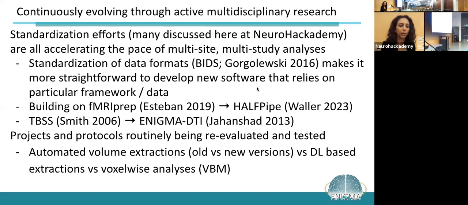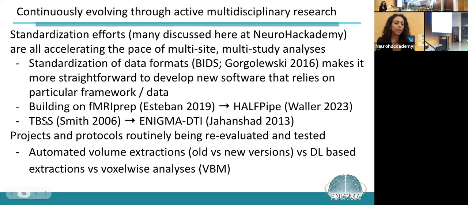So for example, fMRIPrep is used as the basis for HALFpipe, which is the ENIGMA version that incorporates a lot of additional output metrics like the connectivity-based outputs, and the initial diffusion-based protocols build on TBSS. And there are other versions as well.